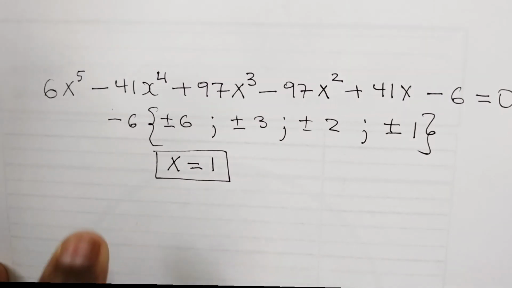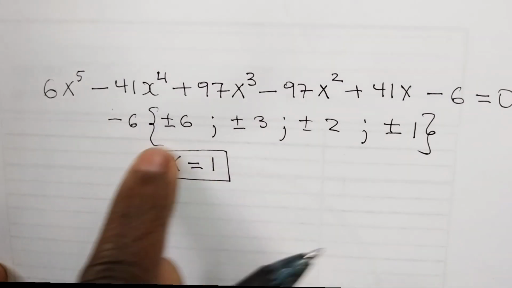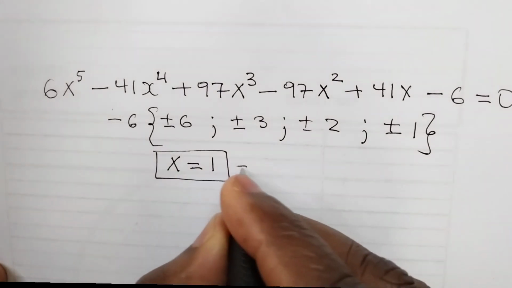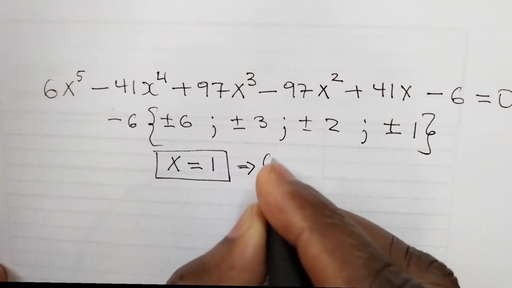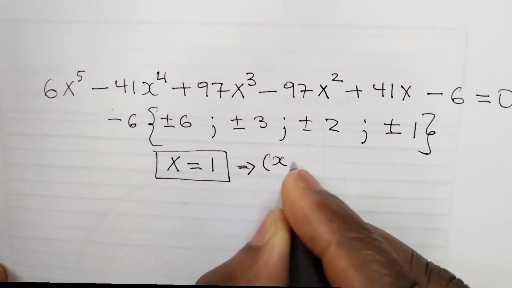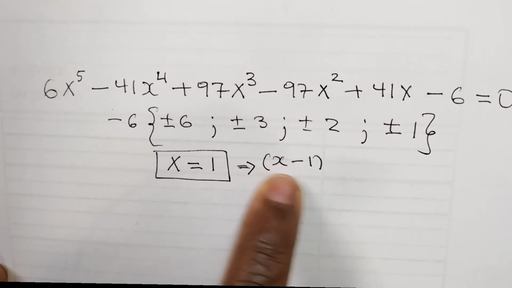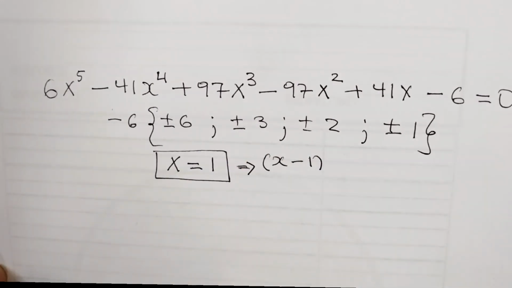So we are going to take the quintic equation and we are going to divide it by x equals 1, which is this factor. So x, we bring 1 here, so we're having minus 1. This is the bracket that we are going to use to divide the quintic equation here.